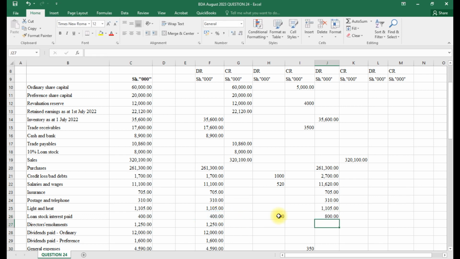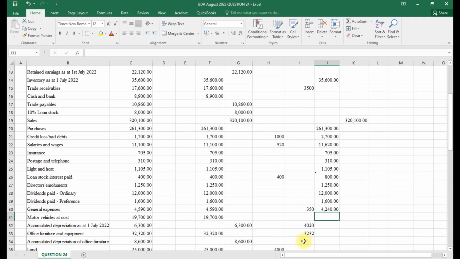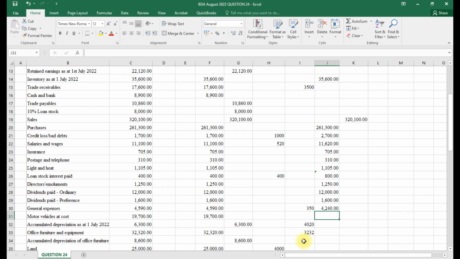So the total amount will be 800. Directors emolument, and dividends paid. Preference dividend, we are not preparing it as a statement, these are just items. General expense, so for the general it was prepaid, so we shall take that and we minus this value. That is the item that will go to the general expense.